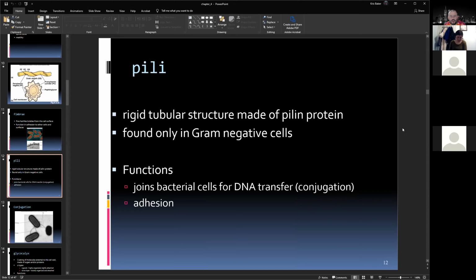And we're calling it conjugation, even though it's not the kind of conjugation that you would see in a protista, but it does allow for plasmids to transfer between gram-negative cells. It could also allow for messages, but generally we're thinking it's a transfer of extranuclear DNA from an F positive to an F negative cell.